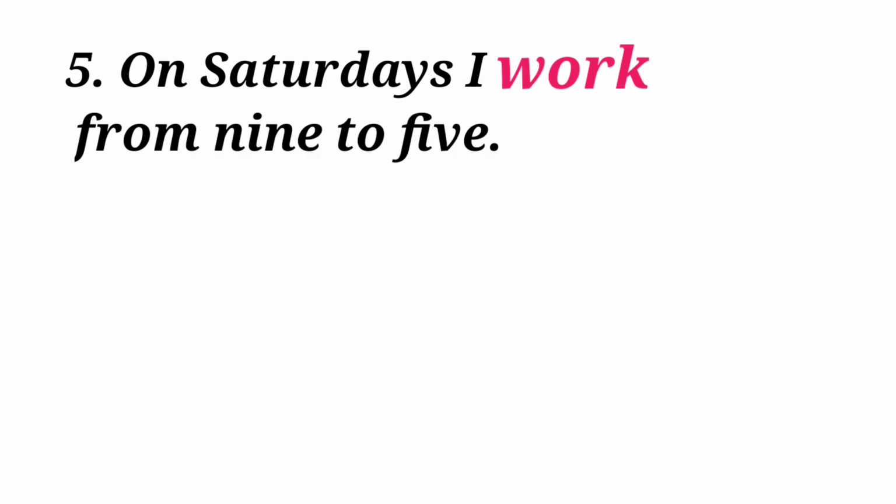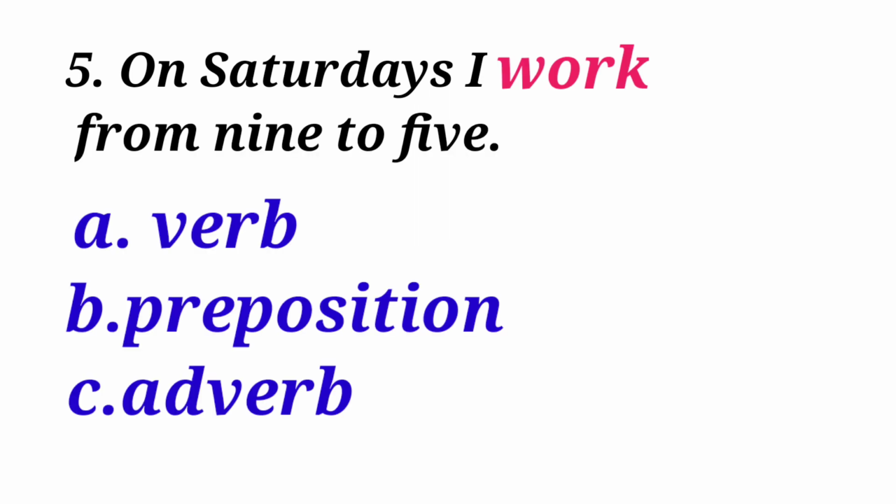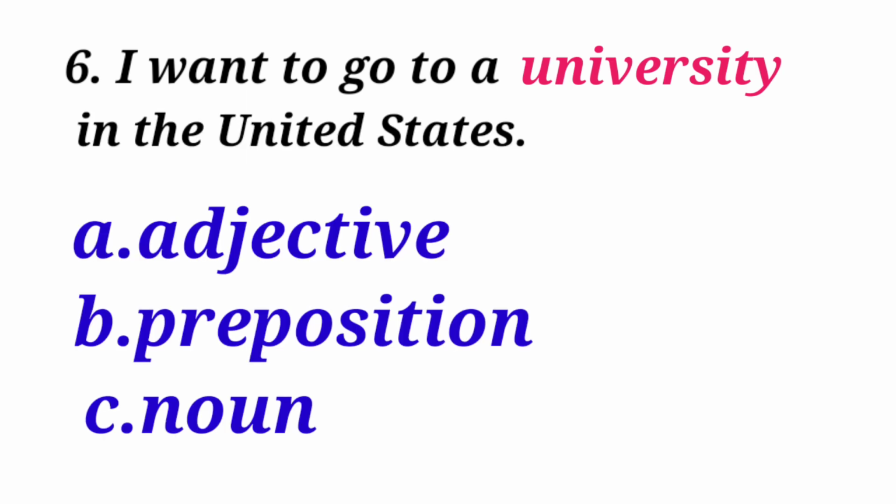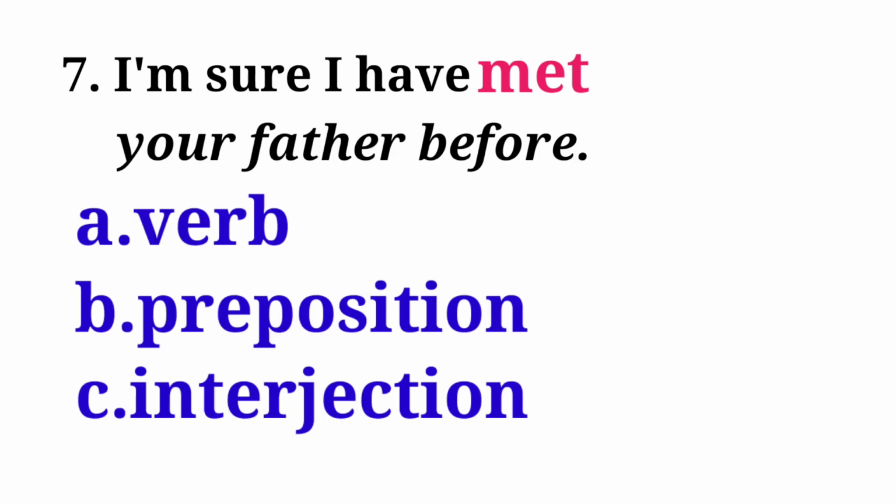Number 5, on Saturdays, I work from 9 to 5. Verb, preposition, adverb. Number 6, I want to go to university in the United States. Adjective, preposition, noun. Number 7, I am sure I have met your father before. Verb, preposition, interjection.